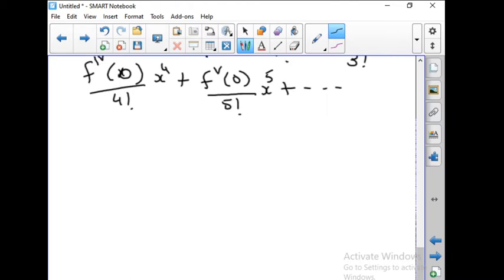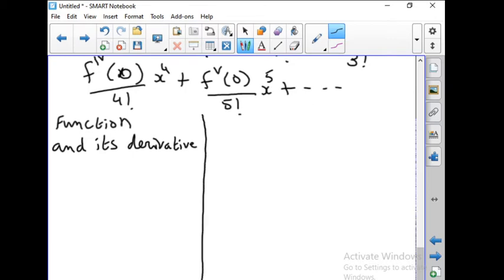So first column we will write the function and its derivative. Okay, function and its derivative. And the second column we will write the derivatives. Then the third column, value at x is equal to 0. So this is tan x and its derivatives.